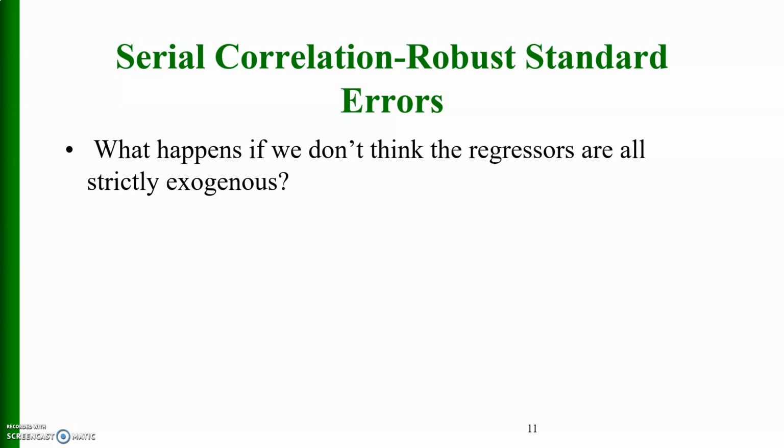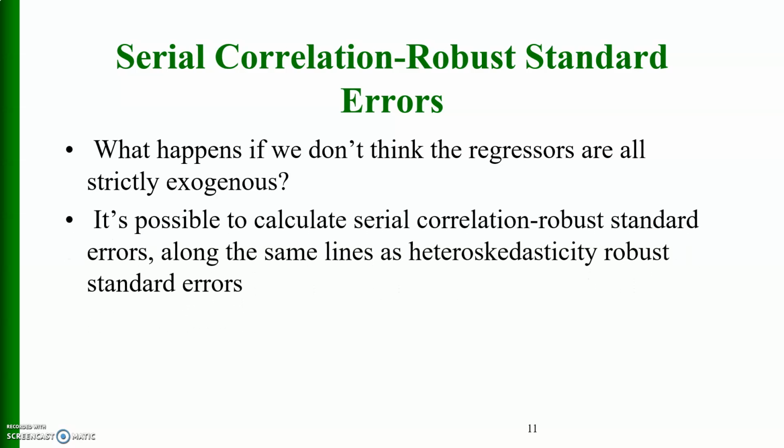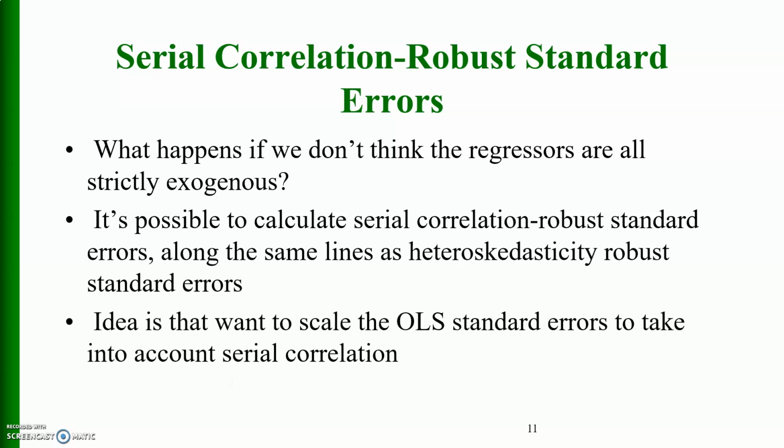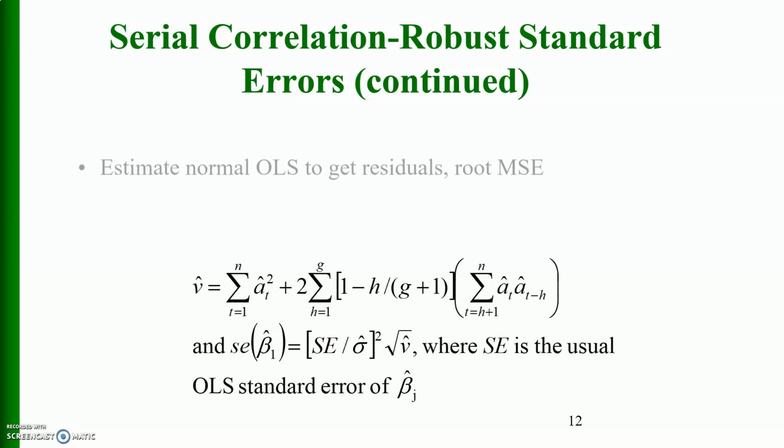Serial correlation robust standard errors is one method. What happens if we don't know the regressors are all strictly exogenous? It is possible to calculate serial correlation robust standard errors along the same line as heteroscedasticity robust standard errors. The idea is that we want to scale the OLS standard errors to take into account serial correlation.